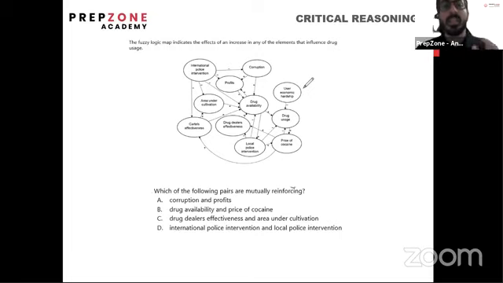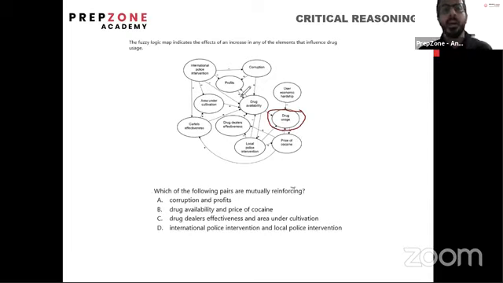The question says, the fuzzy logic map indicates the effects of an increase in any of the elements that influences drug usage. So basically, the end goal is this, drug usage, right? And anything before or after is indicating an increase or decrease to that element, right?